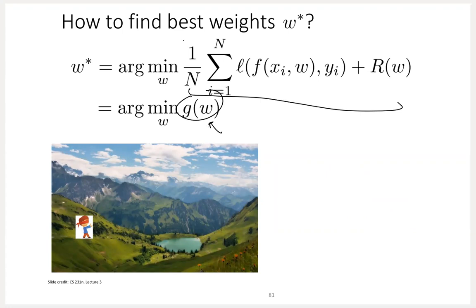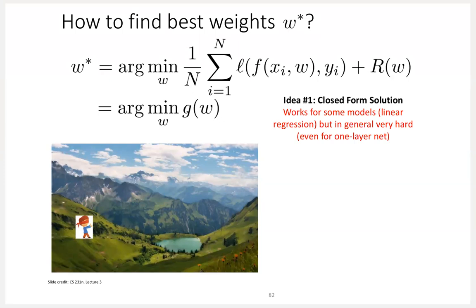There are lots of potential ways to do that. For some problems, typically toy problems, for example linear regression, and SVM is partially closed form, you can solve it in closed form.